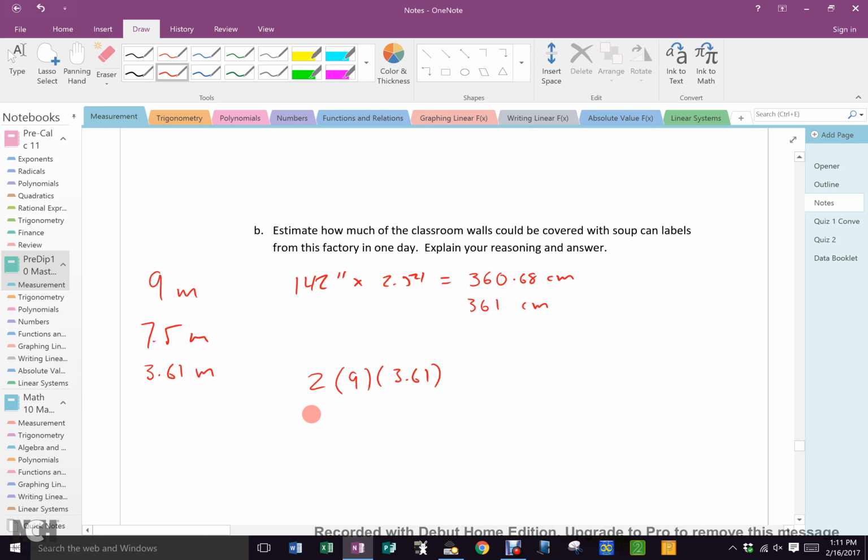And what are the other 2 walls? 7.5 by 3.61. And there's 2 of them, yeah? So that's going to give me the area, right? What am I going to do with those 2 numbers? Add them up. So what is the walls of our room are what?